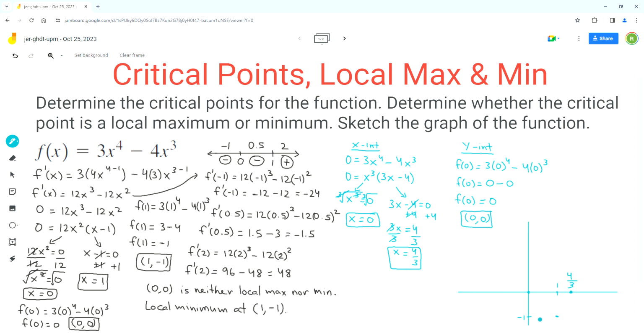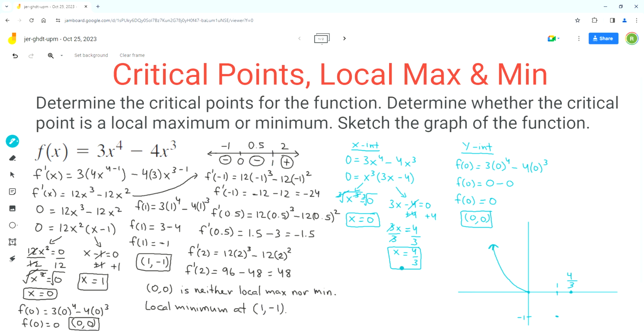Now we can use the results from the first derivative test to sketch this function. So on the left side of x equals 0, the function is decreasing. That means as we graph this function from left to right, it should be sloping downwards. So like this. Now the function is decreasing between 0 and 1 as well.